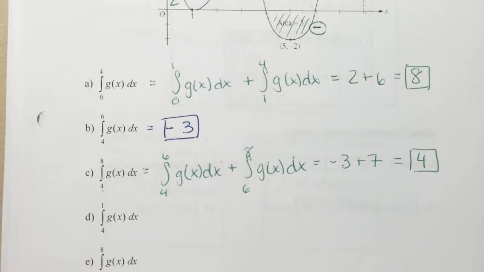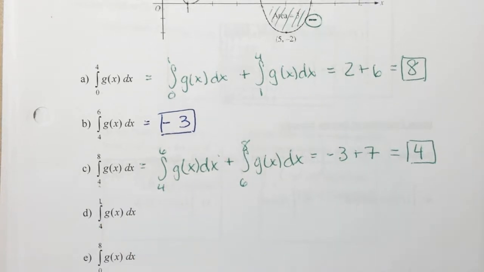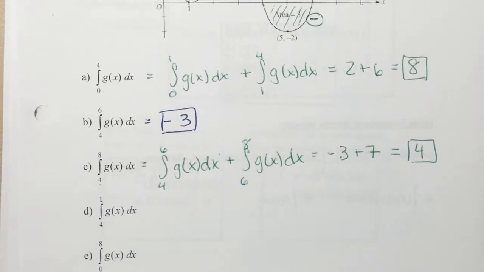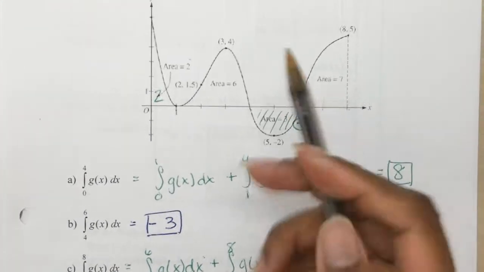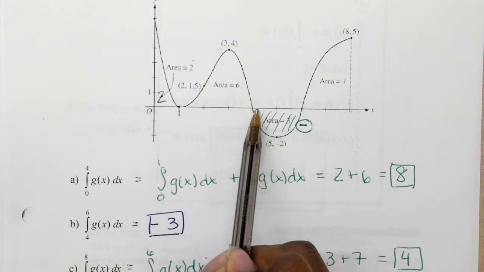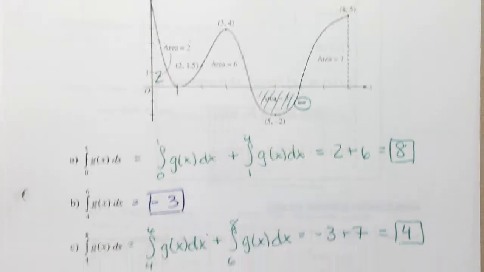Okay, so for D, we want the area from 4 to 1. So not from 1 to 4, from 4 to 1. So we're actually going to be working backwards. So from 1 to 4, the area is 6. So to go backwards, we're actually going to take the opposite.